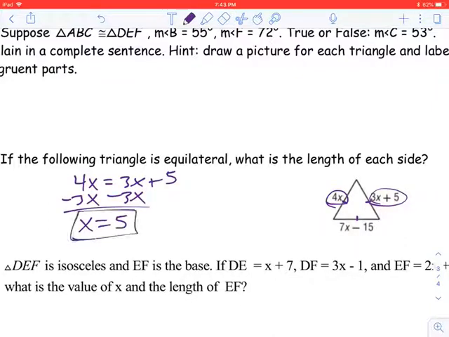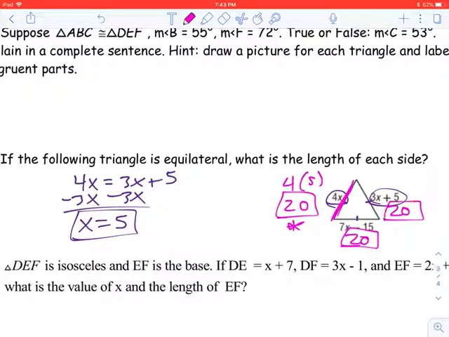So if that's 5, now I just plug it in to find what those are. So if 4x is that one, I have 4 times 5 is 20. Okay, so all of the sides are 20. And that would be my answer. This is 20, this is 20, this is 20.